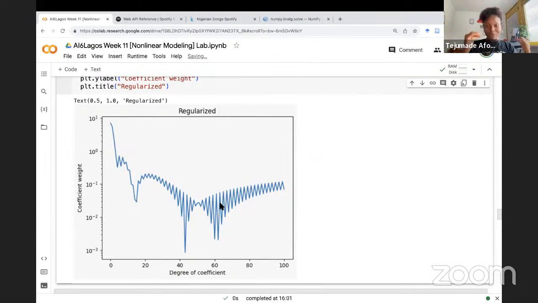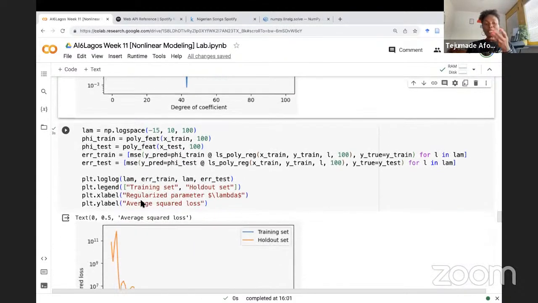In fact, they even get smaller, because a lot of the big polynomial weights end up close to 0, as you can see here. And the only weights that matter are less than 20, I think.